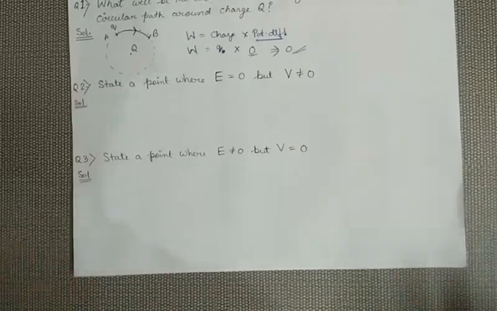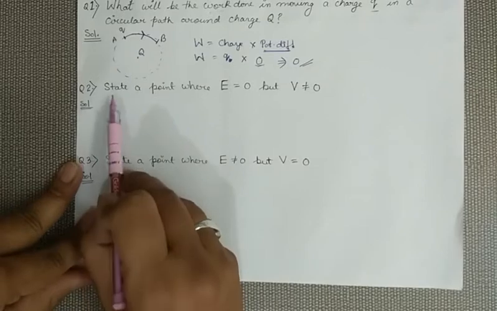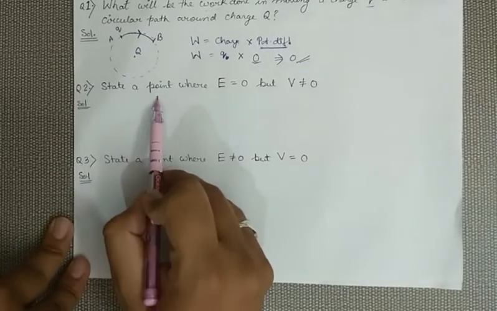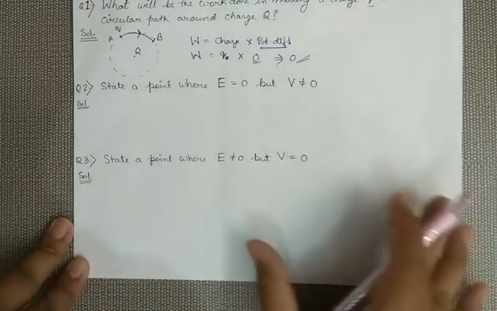See, this second and third question are very similar but contrary to each other. In the second, I have to find a point where electric field is zero but potential is not zero.